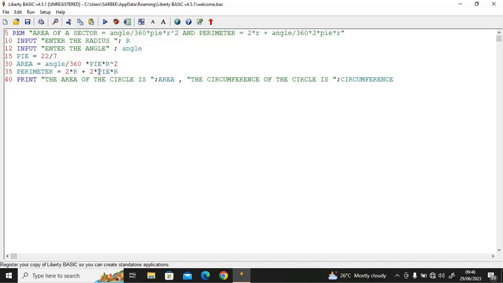Once you get this formula, then the area changes from circle to the area of the sector, and not circumference now, the perimeter of the sector. So this is it. It changes to perimeter.